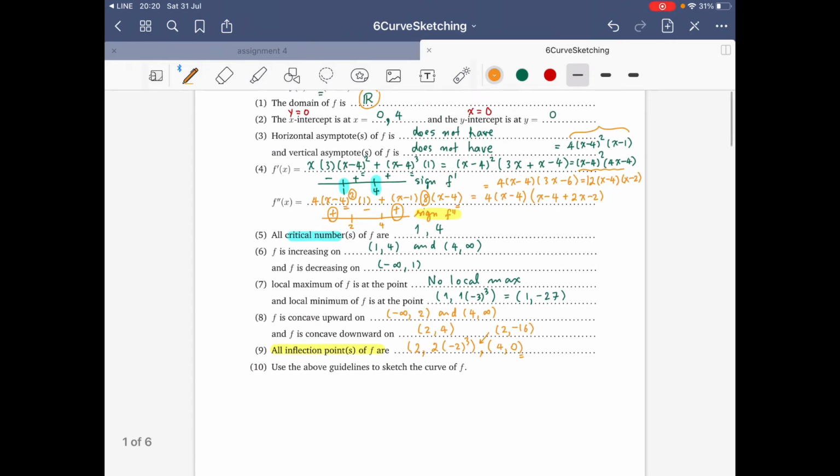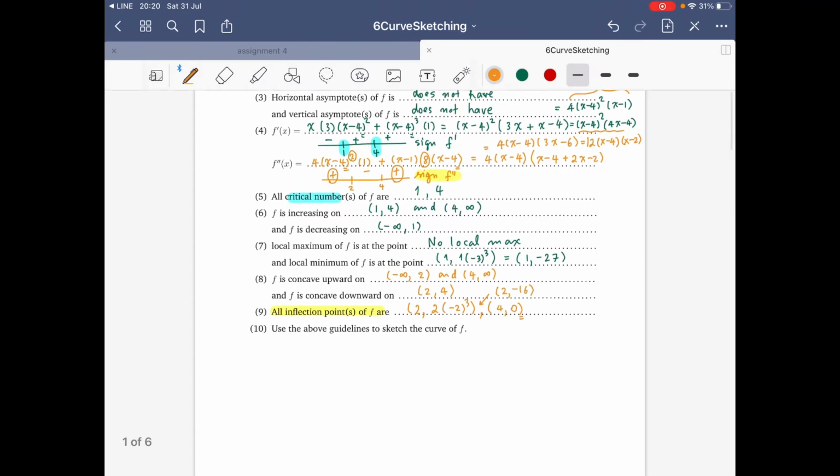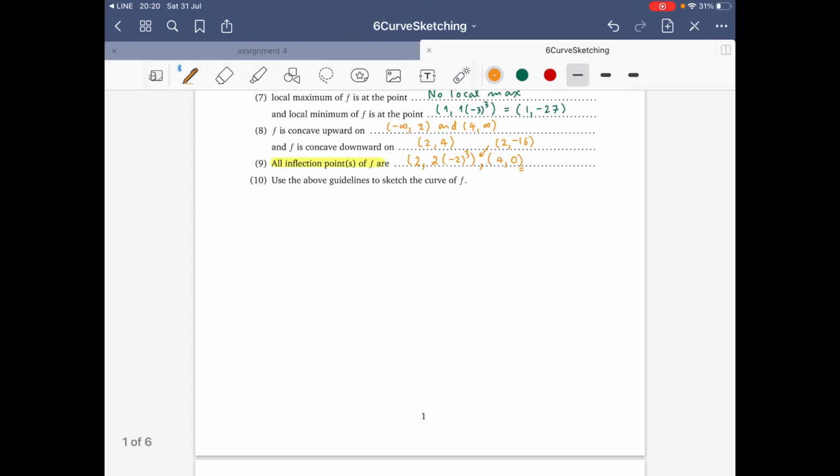So let's look at all the guidelines that we have, okay? And then we try to draw it. All right. Oh, it should be somewhere here, okay, because it will be passing through 0 and 4.